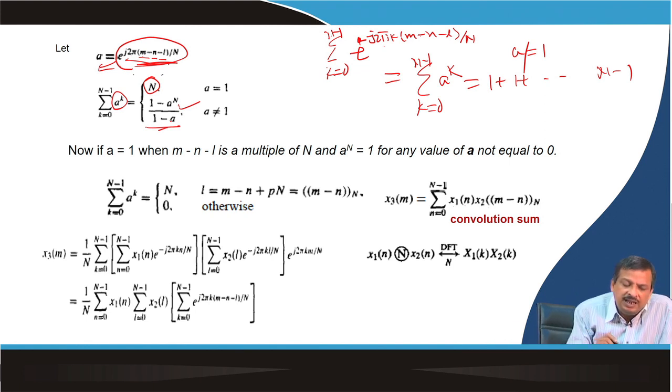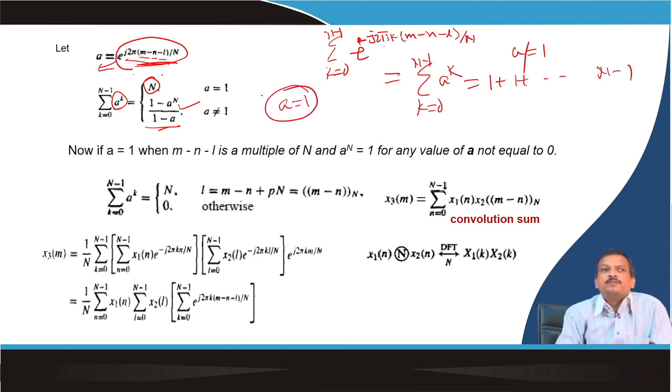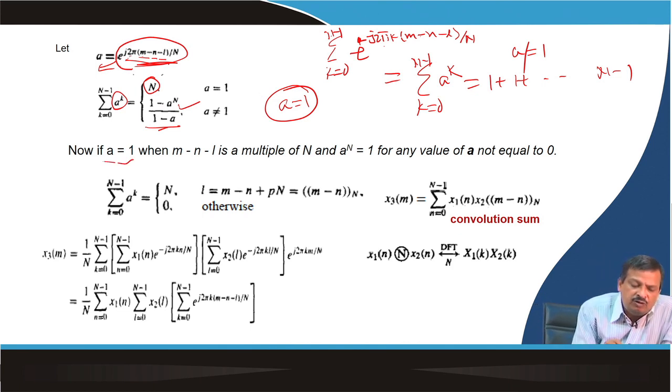Now, if I want to make a equal to 1, when will a be 1? If you see, what is a? A is e to the power j 2 pi (m minus n minus l) by n.